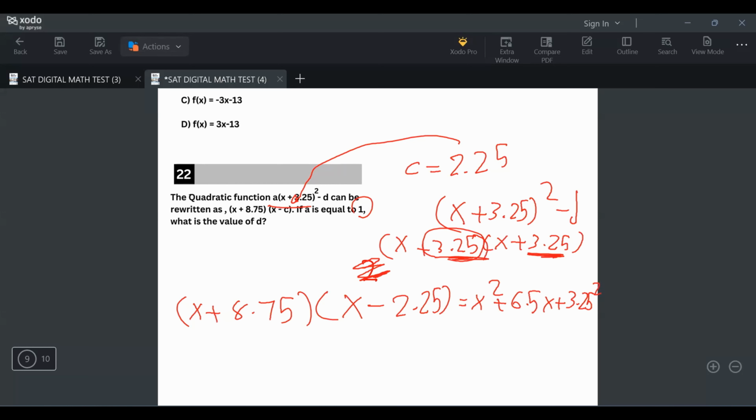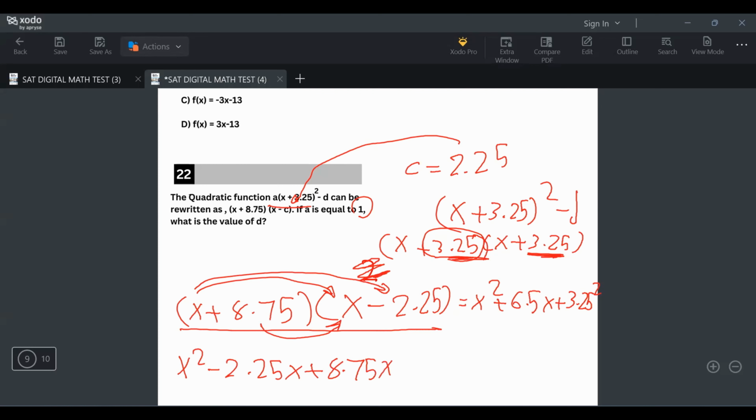And then we will expand the left side as well. We will have an x to the power of 2, and then we will have negative 2.25x and 8.75 multiplied by x, so a positive 8.75x, and then we will have 8.75 multiplied by negative 2.25.